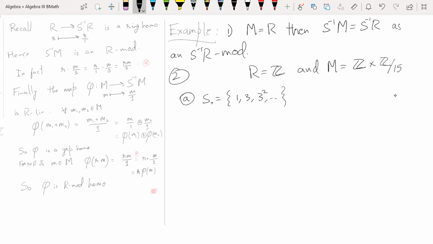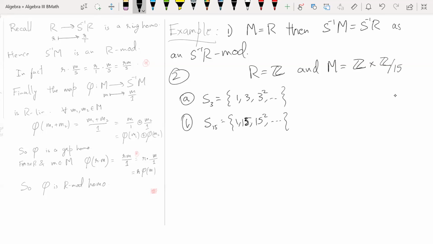Let's call this S3. B: we have taken one of the factors. S5 would give a somewhat similar answer, so let's not do that, but maybe S15 is 1, 15, 15 squared, and so on. It should give you something else.